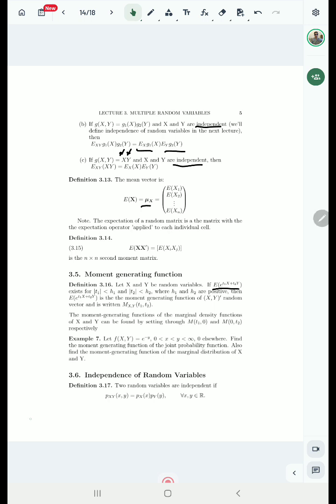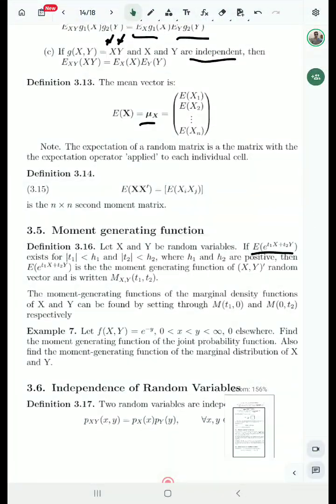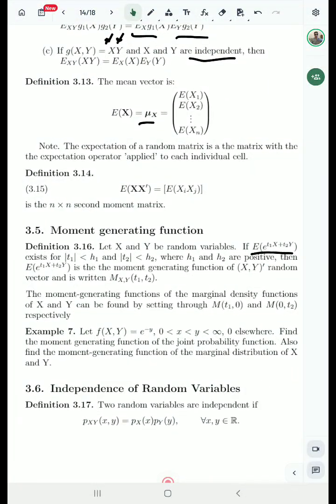If you remember, in the univariate case, we got this property. We said that the moment generating function of random variable x was equal to the expectation of e to power t1 times x. That was the moment generating function.